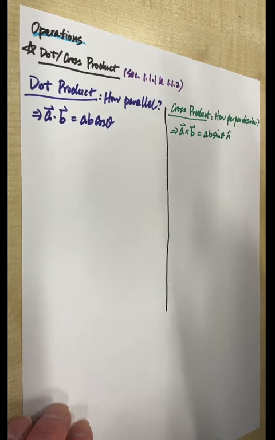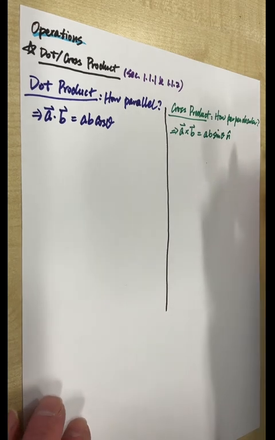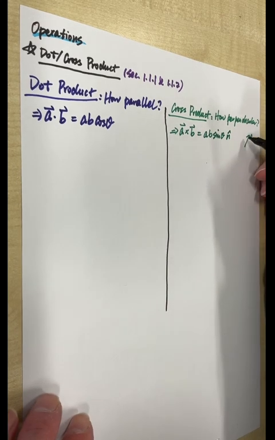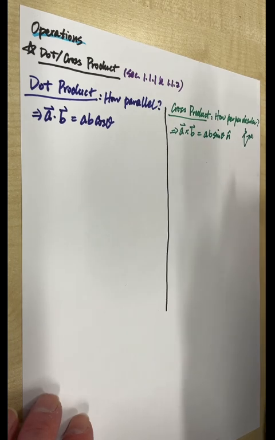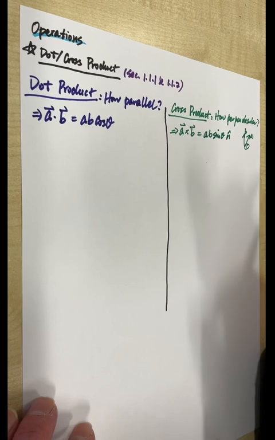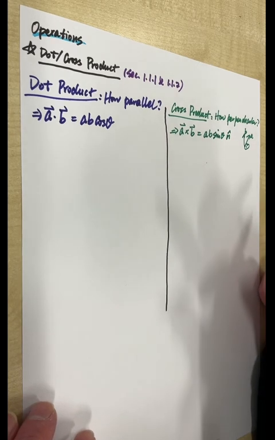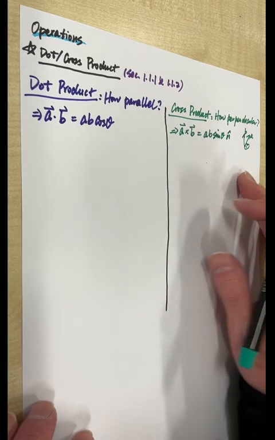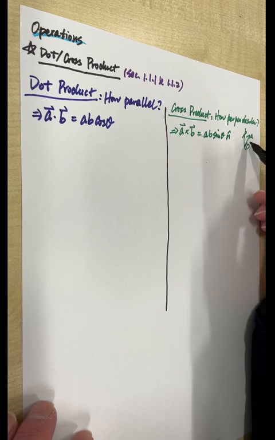So if we follow the right hand rule, we have vector A, we have vector B, and then A cross B gives us a vector that's pointing up. So basically, A must be perpendicular to n, B must be perpendicular to n, but A and B don't have to be perpendicular to each other.